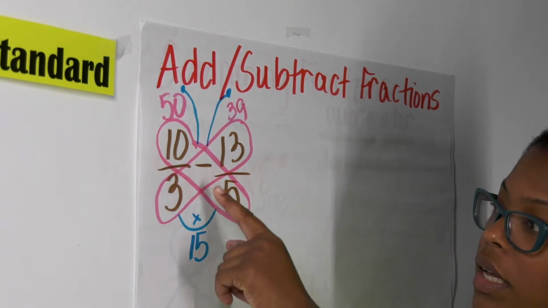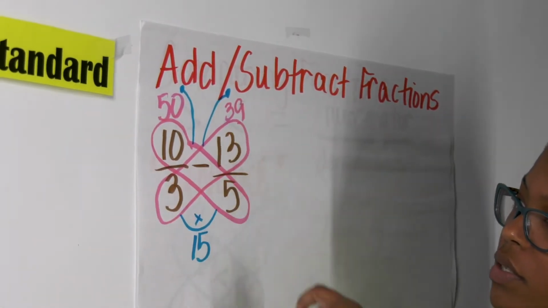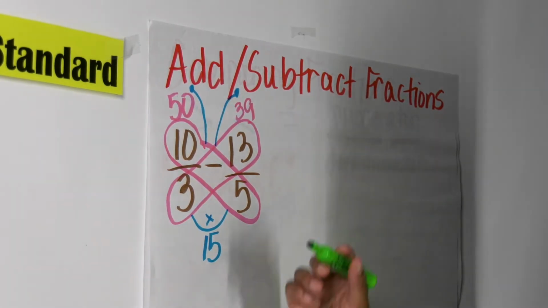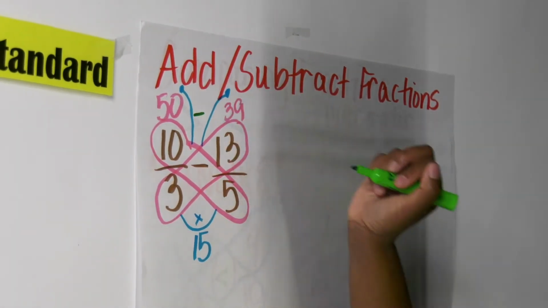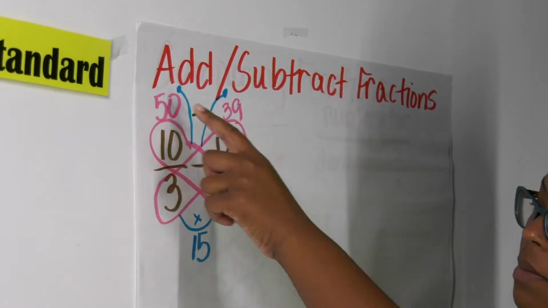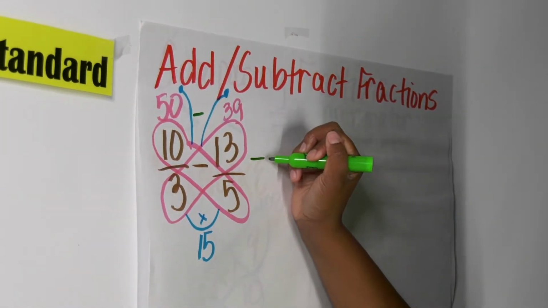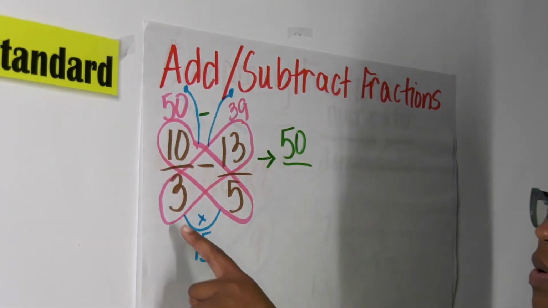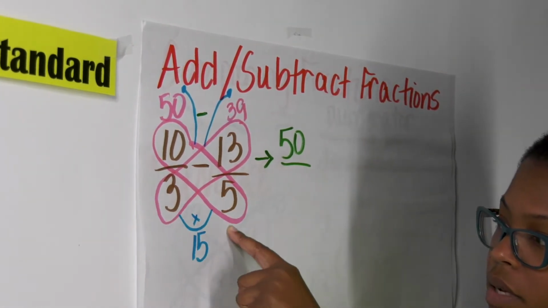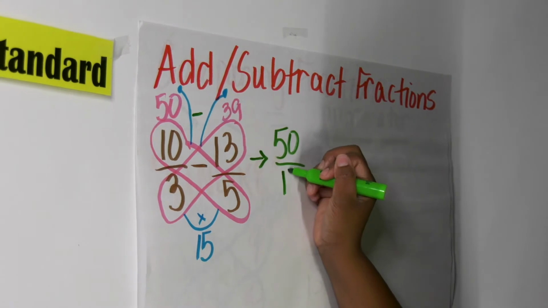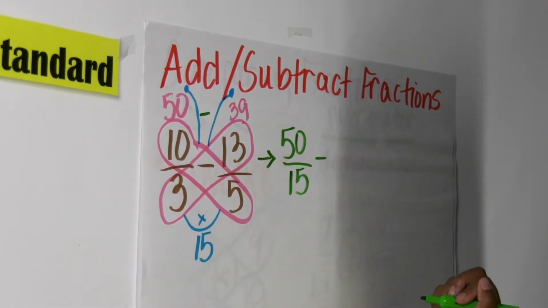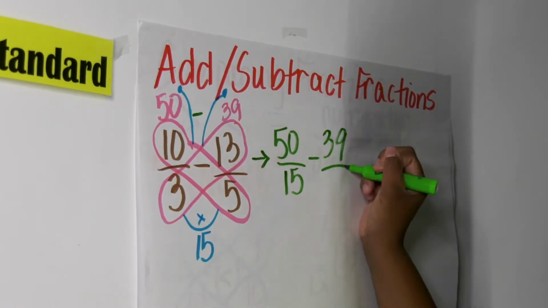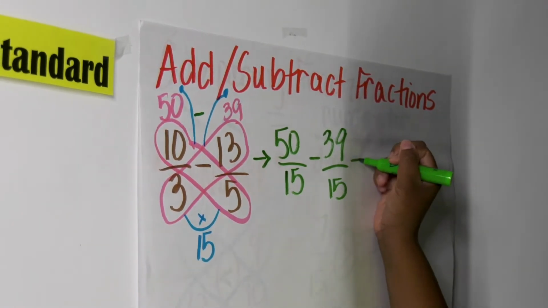over 15. Now, what are we doing with these two numbers here? Just what the problem said. We are subtracting them. So now this becomes 50 over, what was our common denominator? 15 minus 39 over 15.